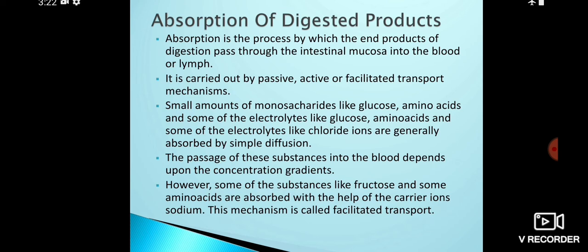Whereas the passive mechanism is not going to take the help of any carrier ions. Is it clear? So I said that there are two methods of absorption of the digested food products, that is the active and the passive mechanism.